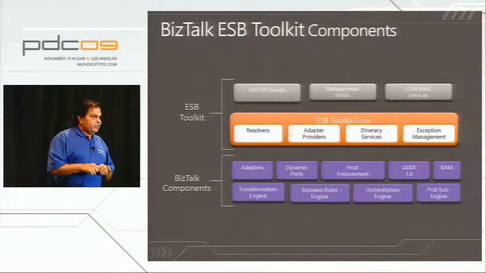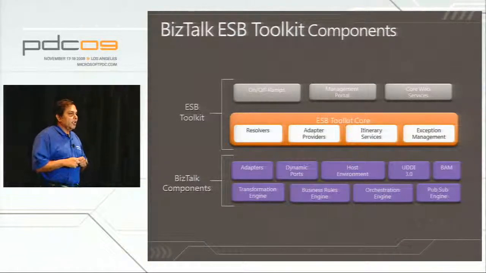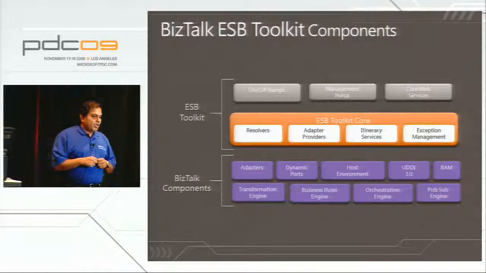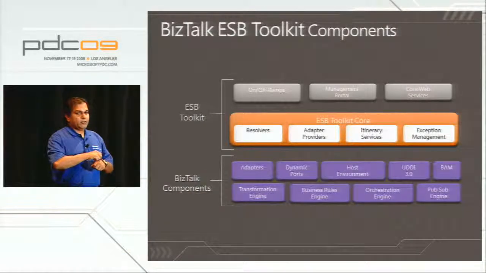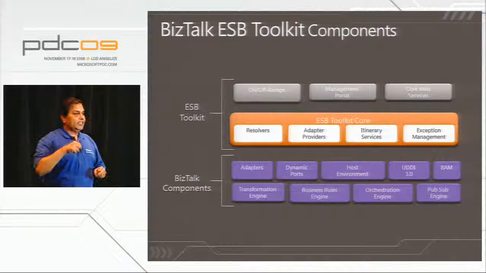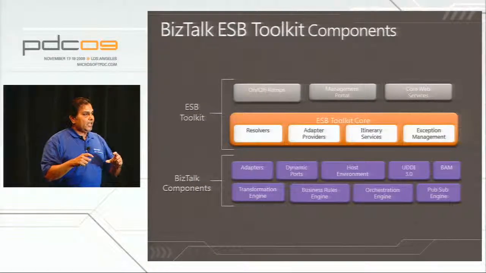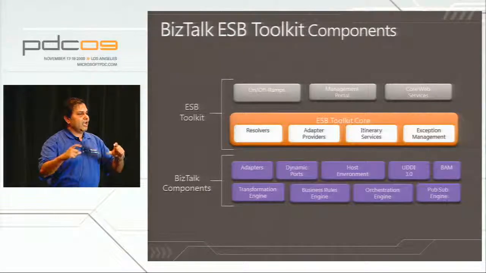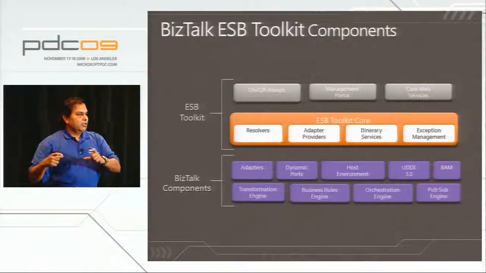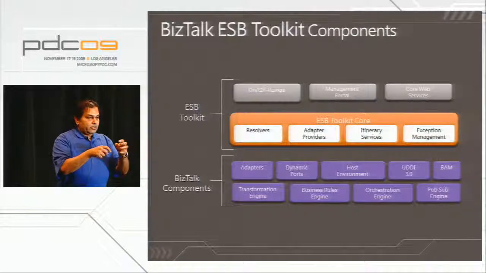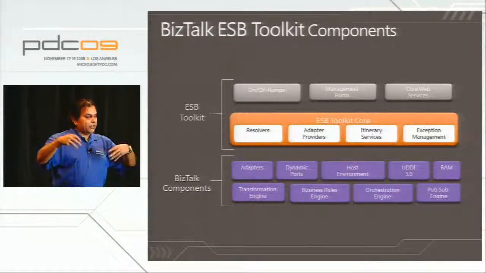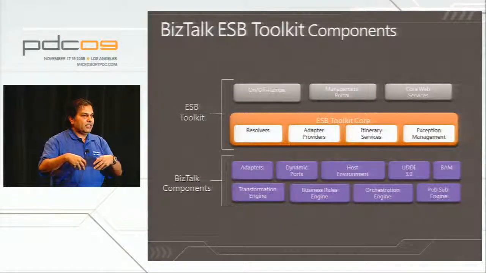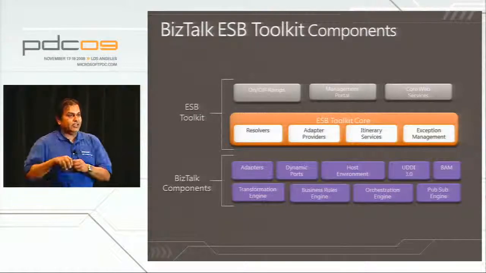Adapter provider is used, again, by the itinerary service when it communicates with an external system. What the adapter provider does is set up the parameters for BizTalk adapters to talk to their system. BizTalk adapters need configuration information to be filled out, and the adapter provider fills in that information.